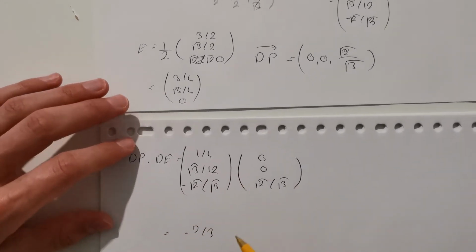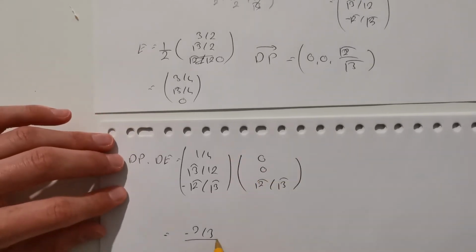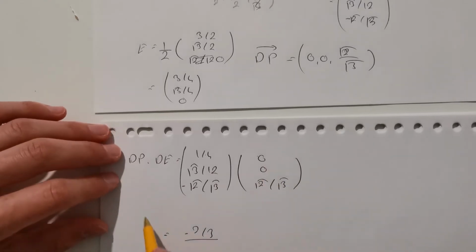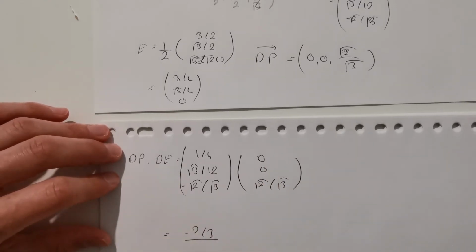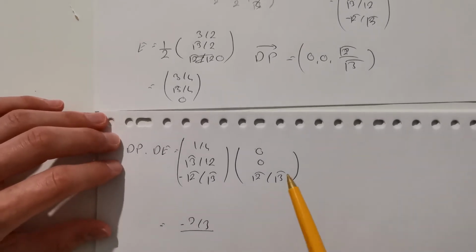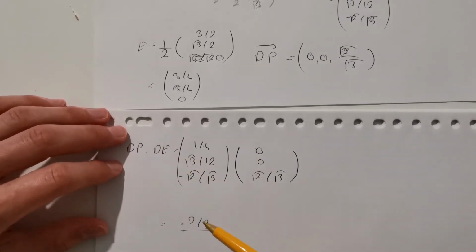I found this by multiplying this by this, this by this, and this by this. Another way to do this is to find the magnitude of dP, times the magnitude of dE, times cos theta, theta being the angle between dP and dE.